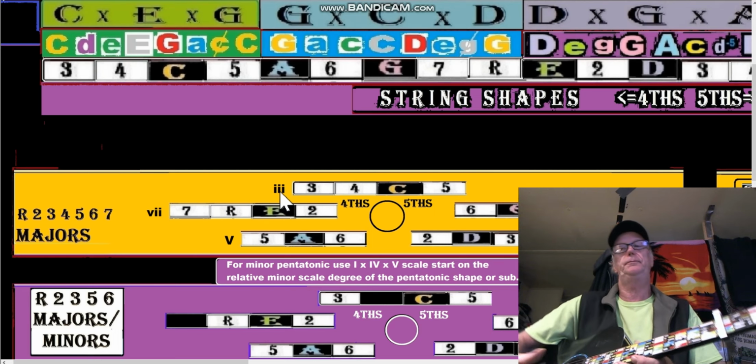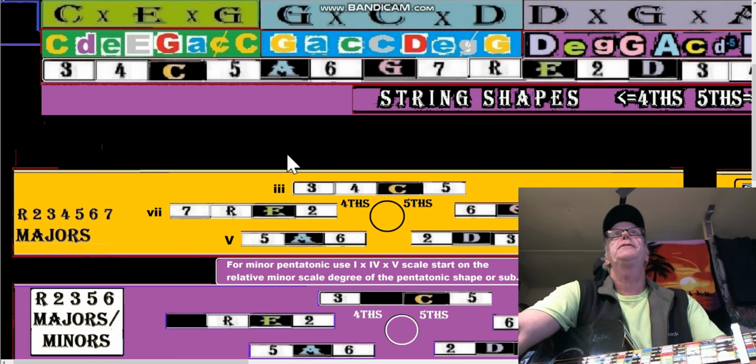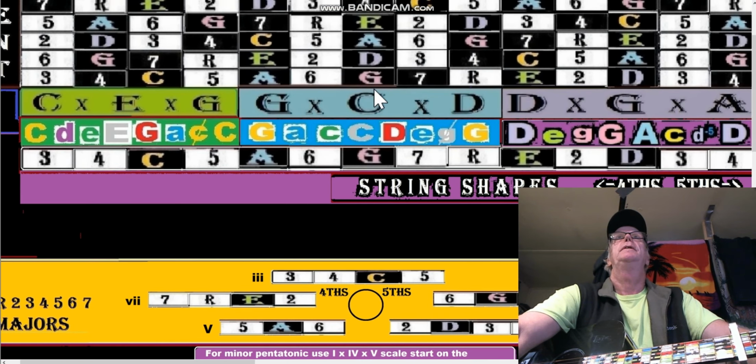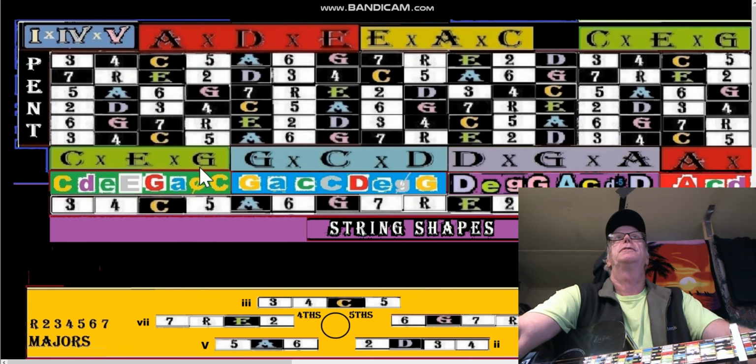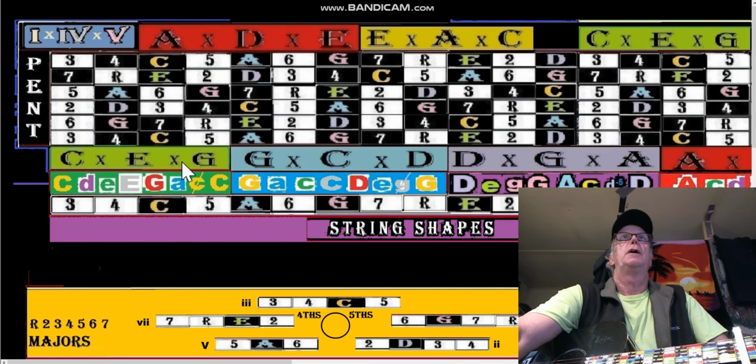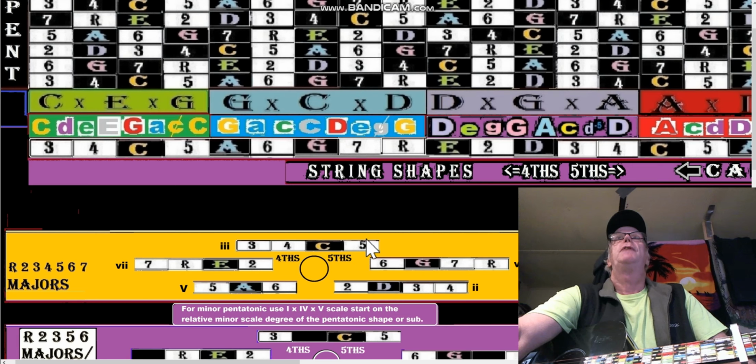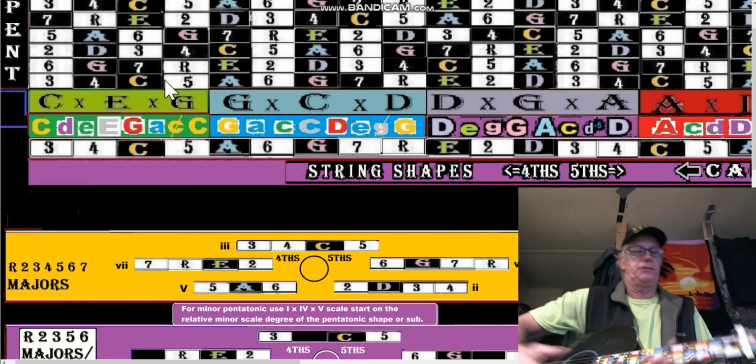Okay, so that's the C string shape, and on the fretboard they go in fifths going to the right with these tripentatonic cages here. So if we look at the first three strings, we've got 3, 4, 5, 6, 7, root, 2, 3, 4, and indeed the 3, 4, 5 here is our Phrygian scale if we started it there.